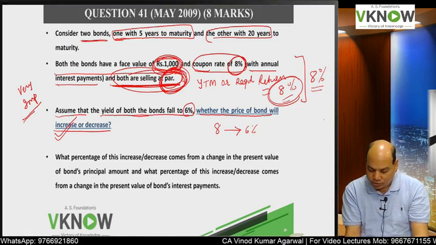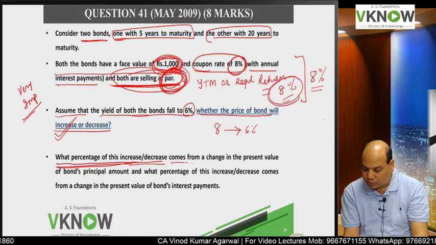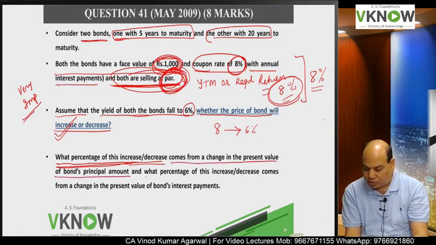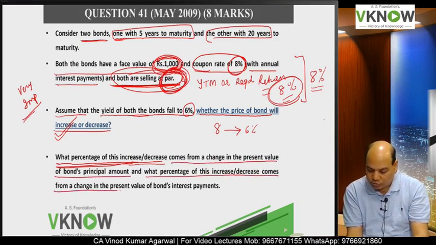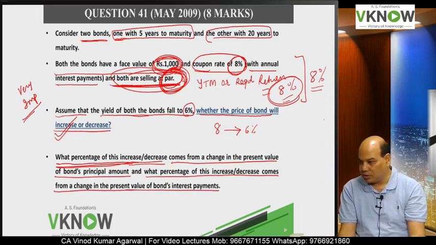Then one more question. What percentage of this increase or decrease comes from a change in the present value of the bond's principal amount, and what percentage comes from a change in the present value of the bond's interest payment?